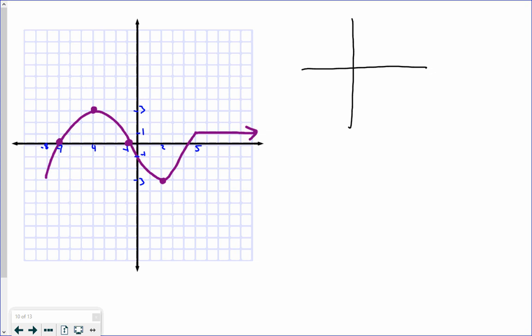So again, if I were to just do that quickly off to the side, negative 8 comma negative 3 is going to become negative 3 comma negative 8. And then negative 7, 0 becomes 0 comma negative 7. 4 comma 3 will become 3 comma negative 4.